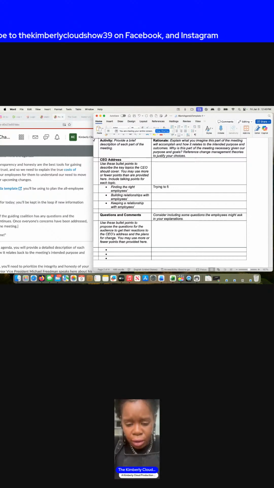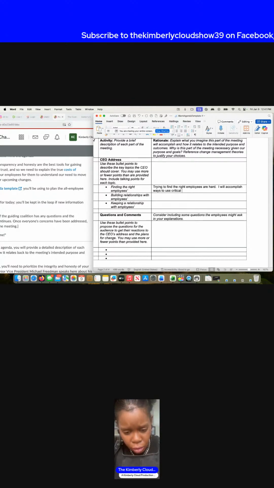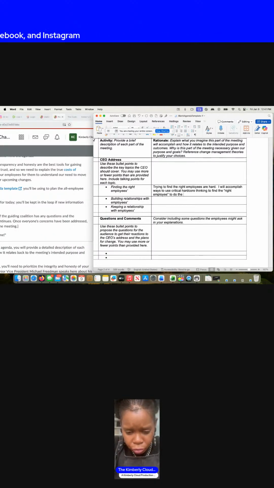Trying to find the right employees is hard. This will accomplish ways to use critical thinking to find the right employee to do the job.